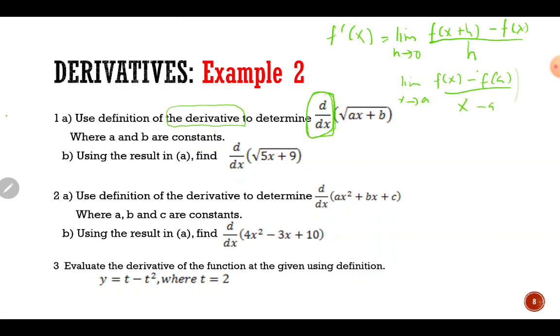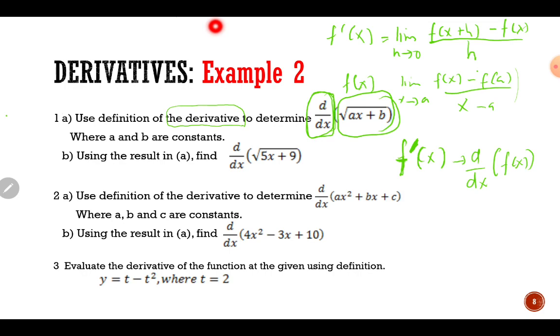For those who haven't learned about pembezaan before, so for your information, f prime x adalah simbol ni, prime ni menunjukkan the function is being differentiated. Dia dibezakan. So or in other words, kita tulis d dx of the function f(x) tu. So maknanya ni adalah kita punya f prime x.